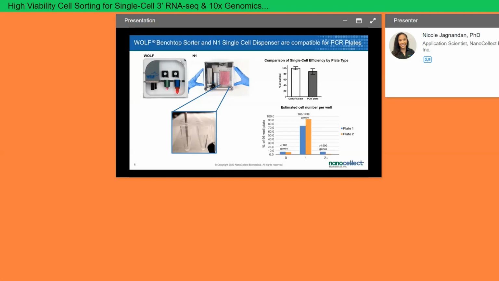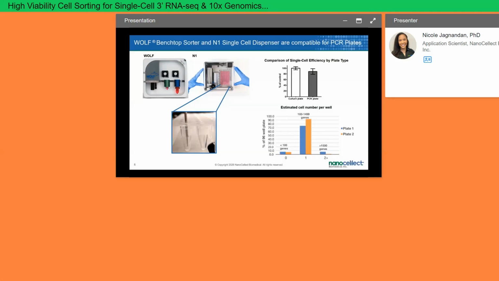Two plates of 293 T cells were dispensed using the N1, and then library prep was completed using the QIAseq 3' transcriptome kit. cDNA was sequenced and analyzed, and the estimated cell number per well was defined by the following criteria. If it was less than 100 genes, that was relegated to being 0 cells. If it was 100 to 1,499 genes, that was determined to be 1 cell per well, and anything above 1,500 genes was 2 or more cells per well.